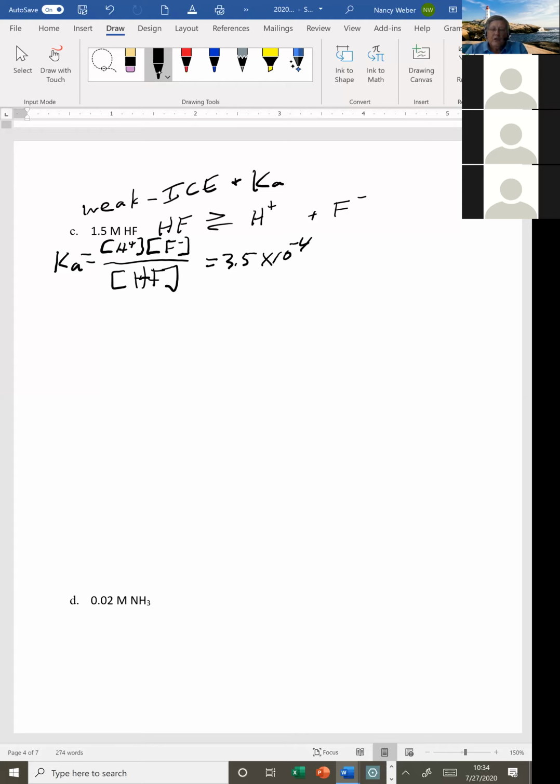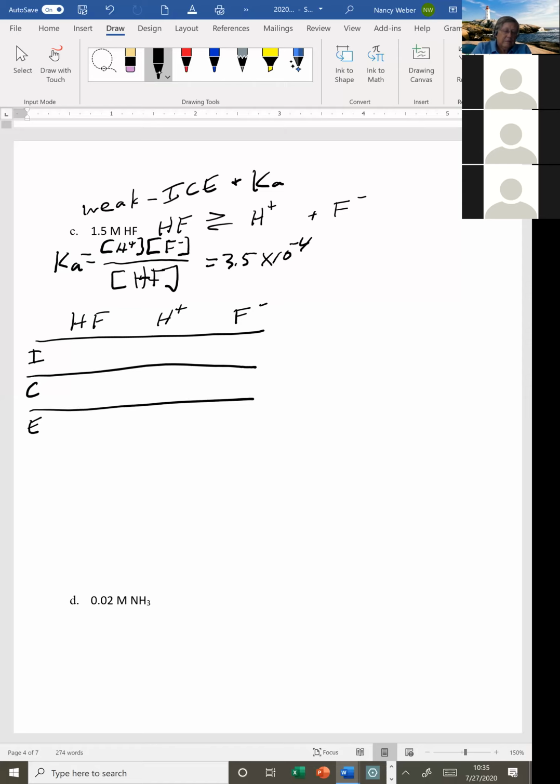Okay, so we have to build the ICE table. And I didn't plan my space right, so I'll have to write it out again. Okay, so what do we know?